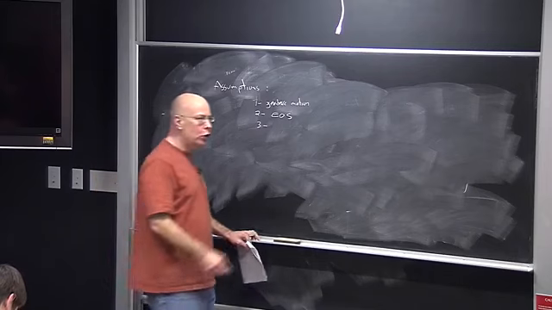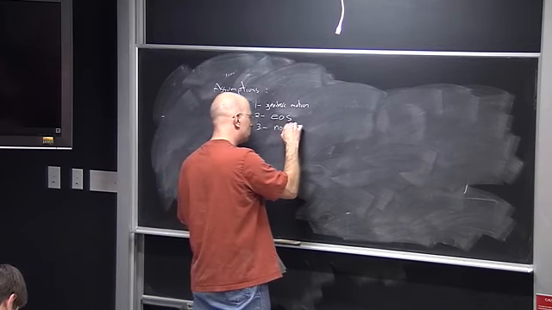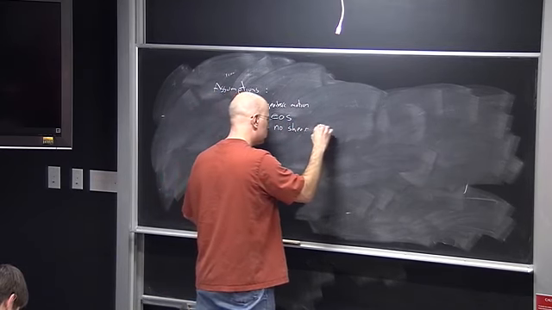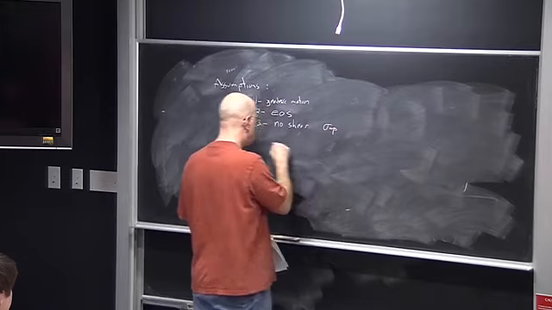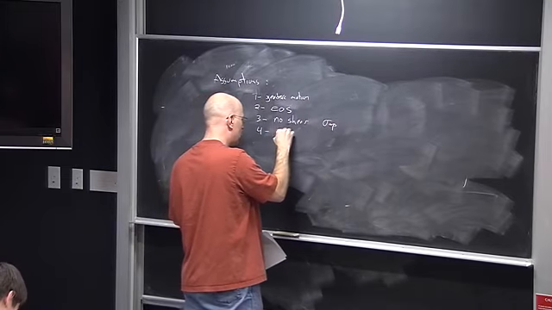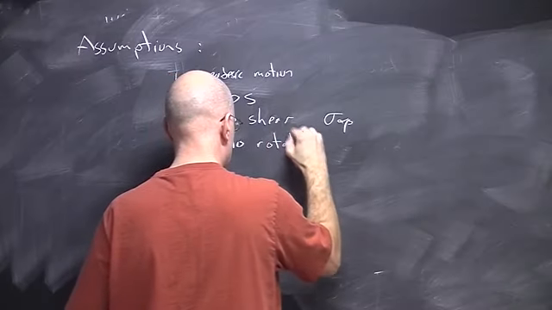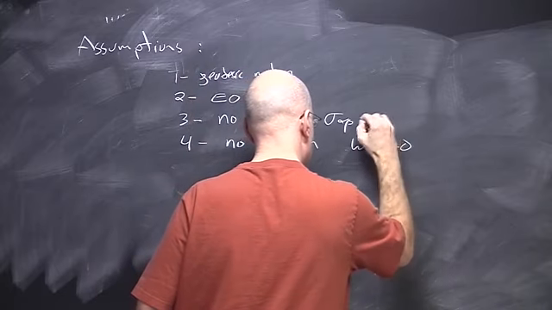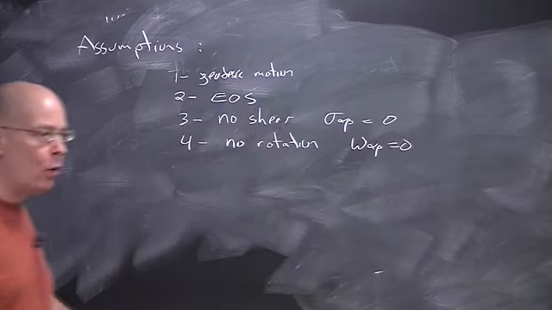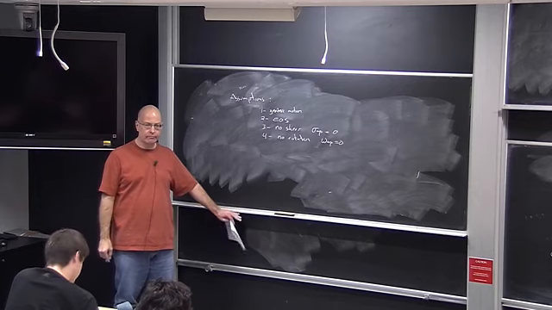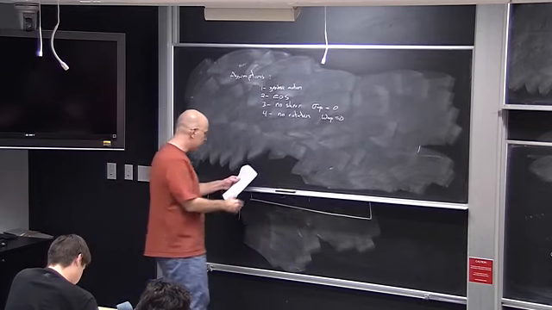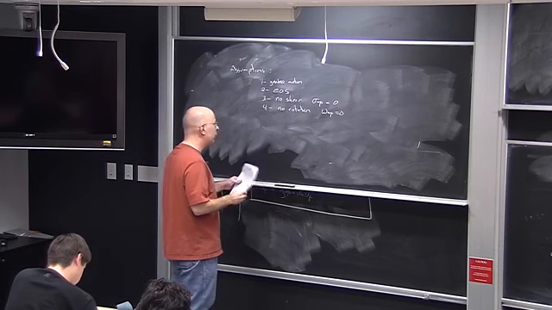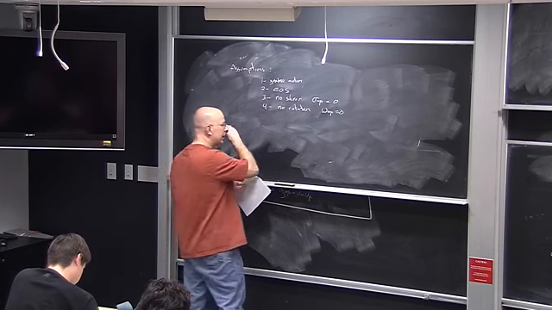So I'm going to put in a no shear condition. And I'm going to assume a no rotation condition as well. Why do I do that? Just because. I'm putting in assumptions that will allow me to simplify the analysis.